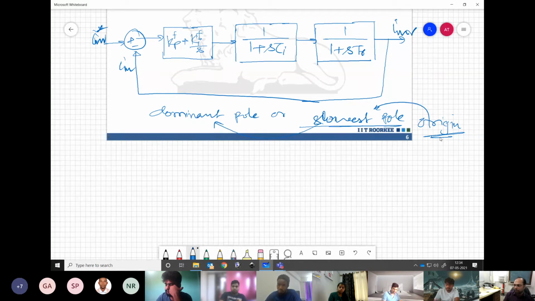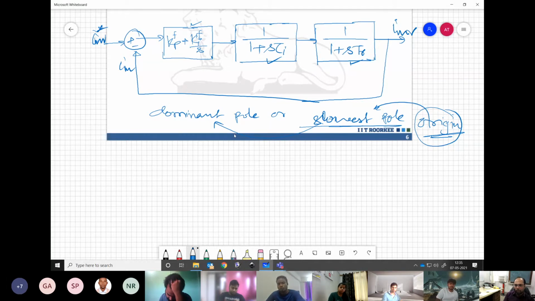If any pole is very far from the y-axis, then it will not be so significant in dictating the response of the system, but any pole which is closer to origin will be dominant. Now here we have two poles, tau I and TR. Correct? So these two poles we have to somehow manage with our controller to get a good performance.